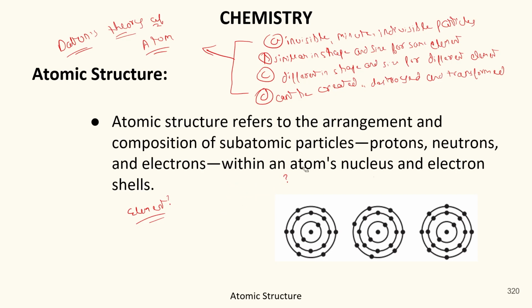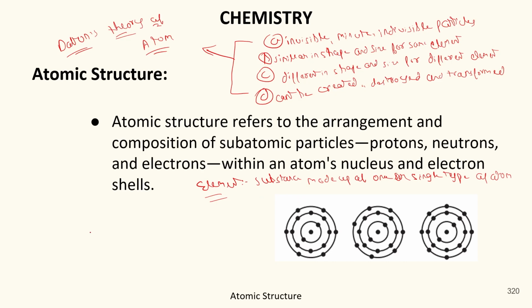First is the meaning of element: a substance made up of one, or you can say single type of atom. Element is a substance which is made of one or single type of atom.